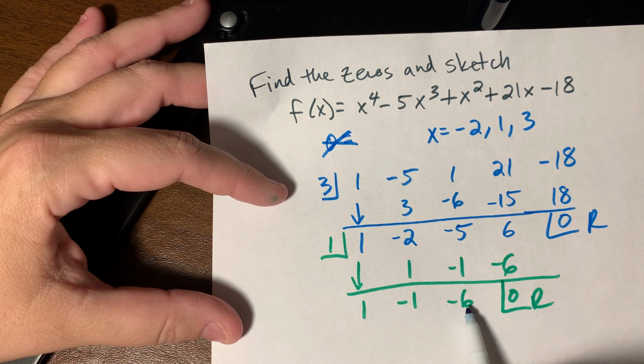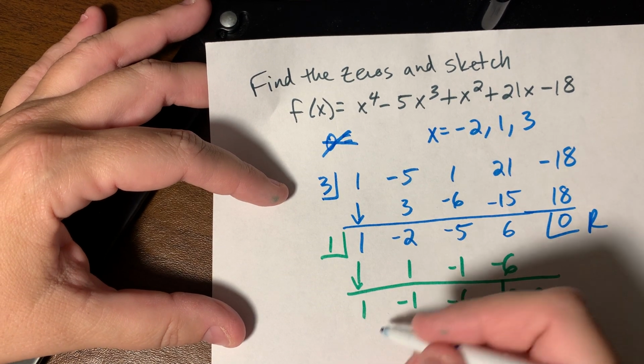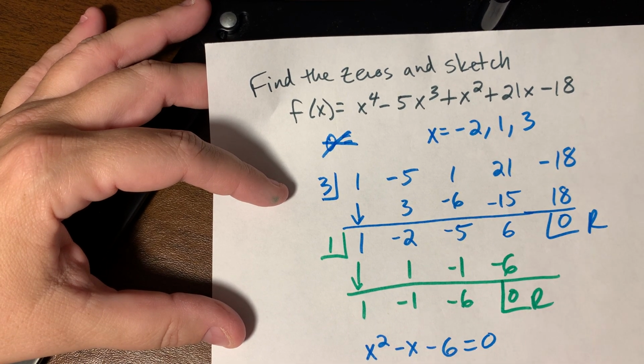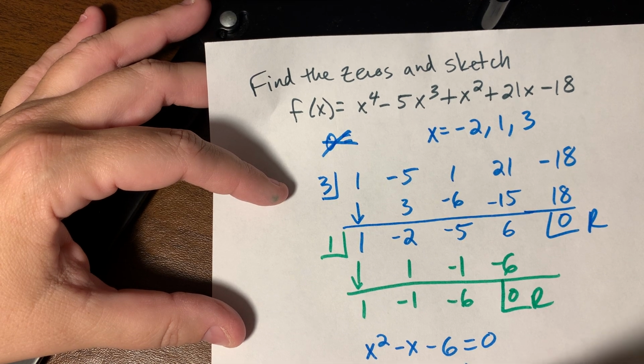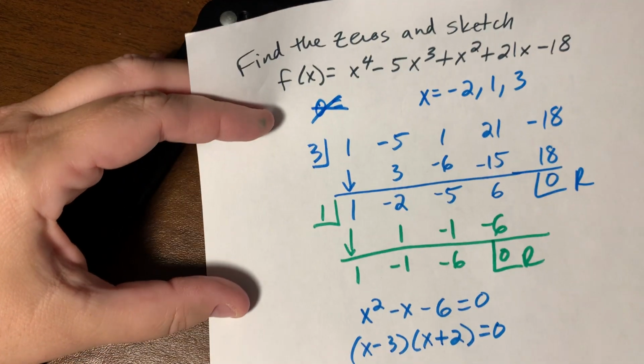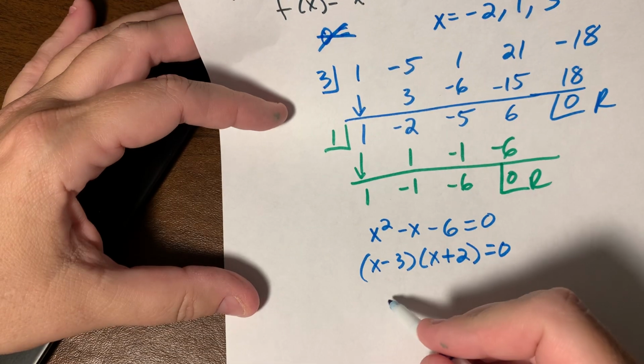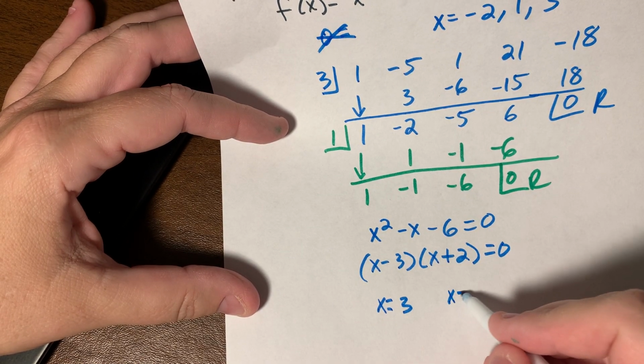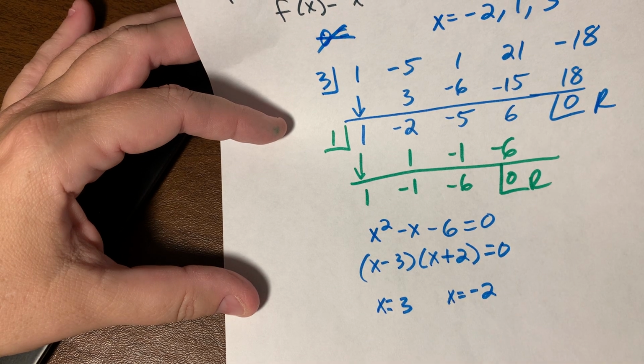Are there factors of -6 that add to -1? Yeah, there are. So I can go ahead and set this up and factor it. X minus 3, x plus 2. Aha. So now I get x minus 3 is 0, so I know x is 3. This one, x is -2.